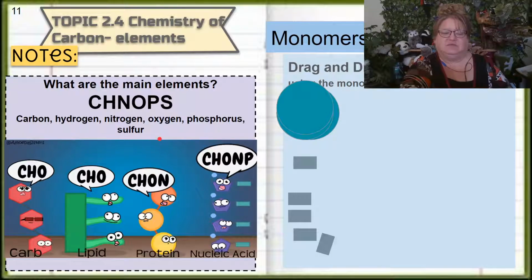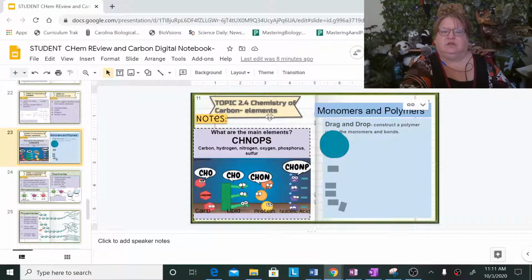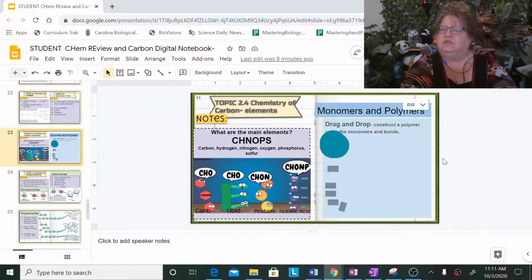Some proteins have sulfur. So let me get out of my present mode for a second, and you're going to do this too. One of the hallmarks of organic compounds, other than lipids, which don't really do this, but carbohydrates, proteins, and nucleic acids, they all are made of monomers, and then the monomers are built together to make a polymer.